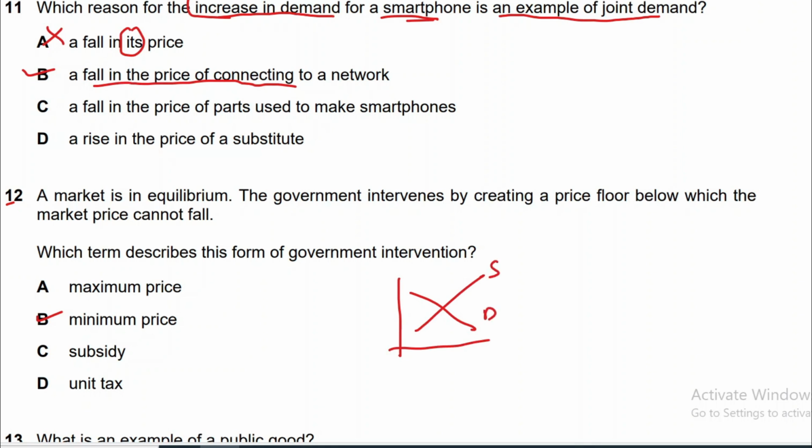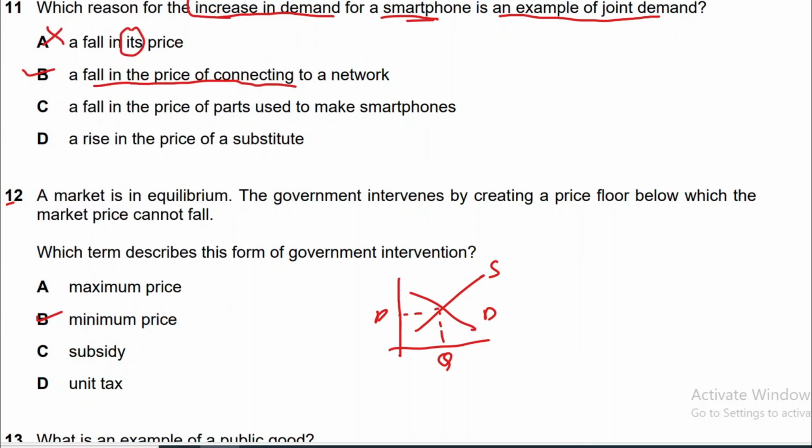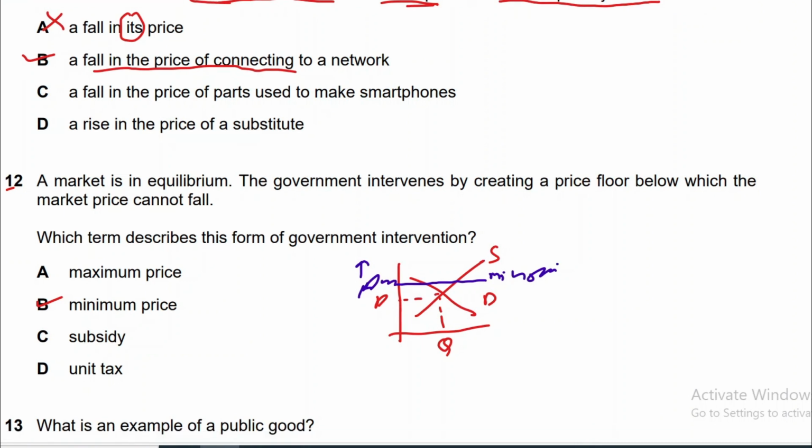This is supply, this is demand, equilibrium takes place at this point, equilibrium price is P and quantity is Q. If the government sets a minimum price, it is set above the equilibrium, and this is minimum price PM. Producers cannot charge below this price. They can charge above this price but cannot charge below it. So this is the definition of minimum price.